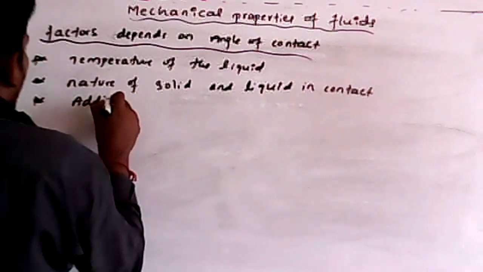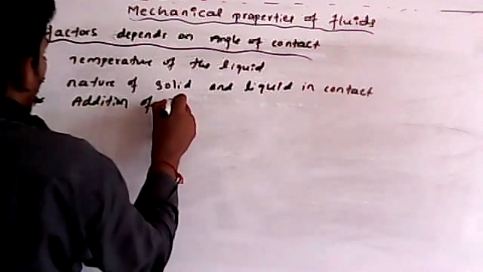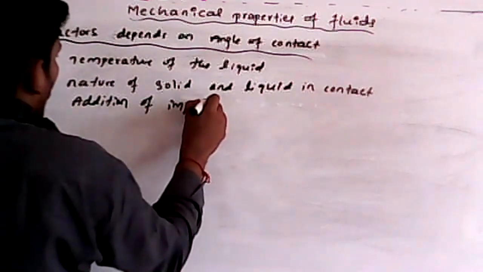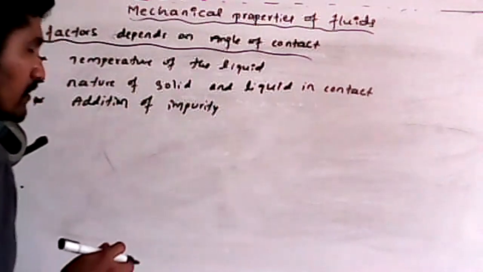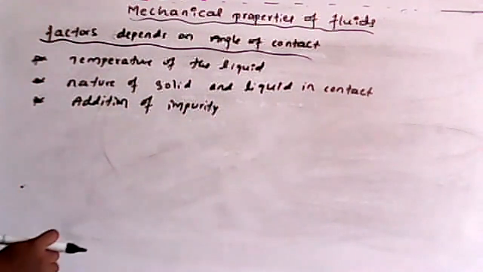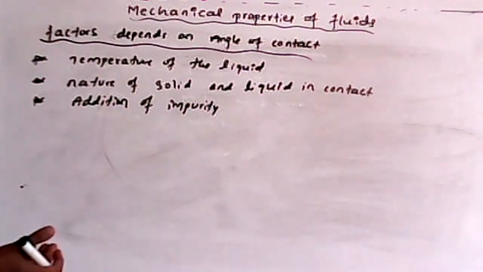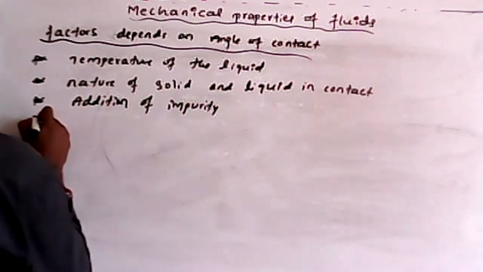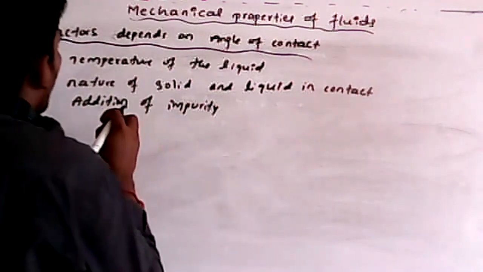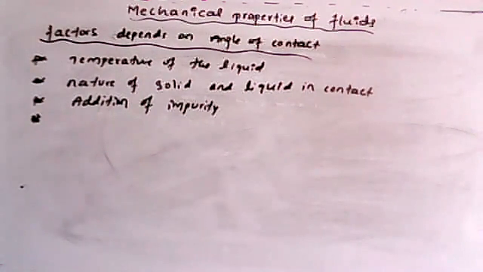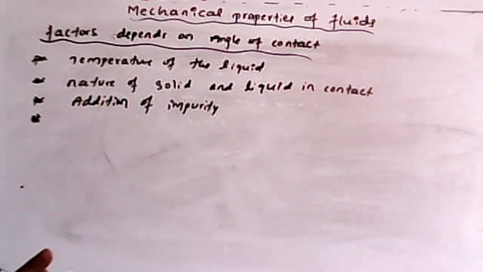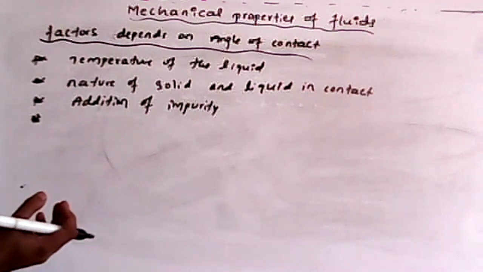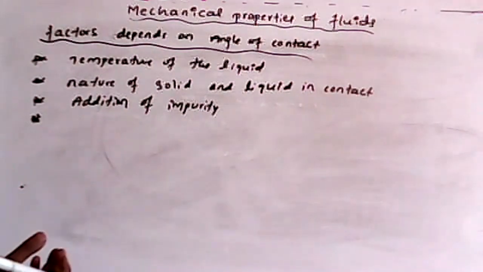Addition of impurity: whether you added any impurity or not is also taken into consideration. If you have not added any impurity, it is pure, for example pure water, which gives an angle of contact of 0.